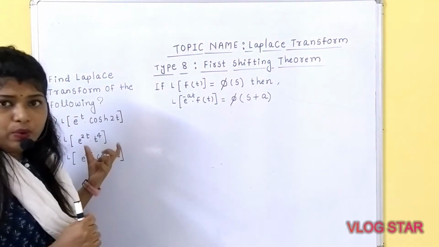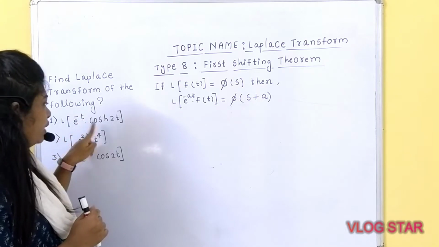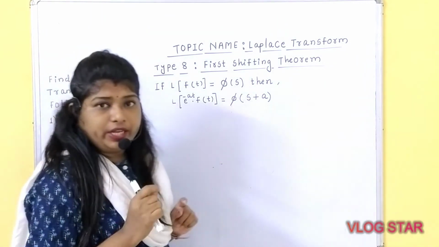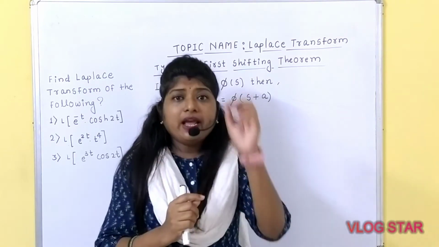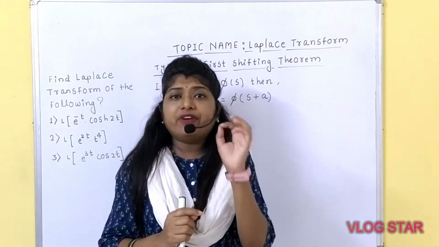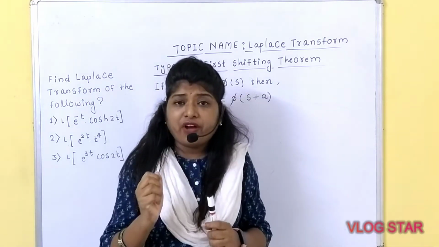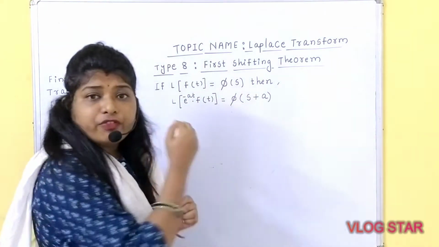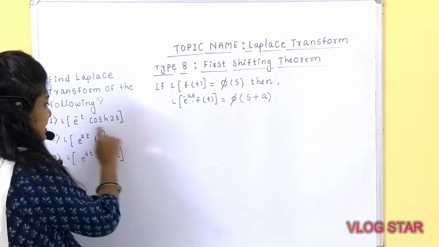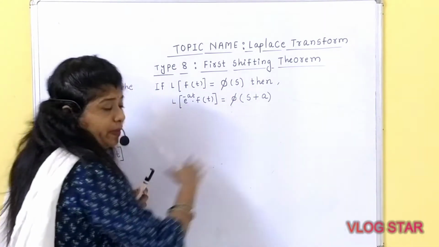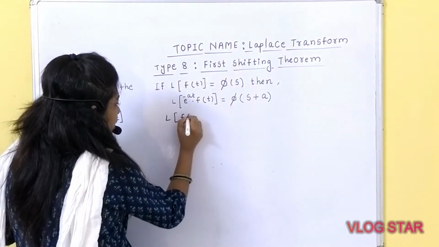We have to calculate Laplace of e raised to minus t into cos h 2t. What you need to do is identify f of t from the given example. If you equate the given example with the standard form, Laplace of f of t you need to calculate.